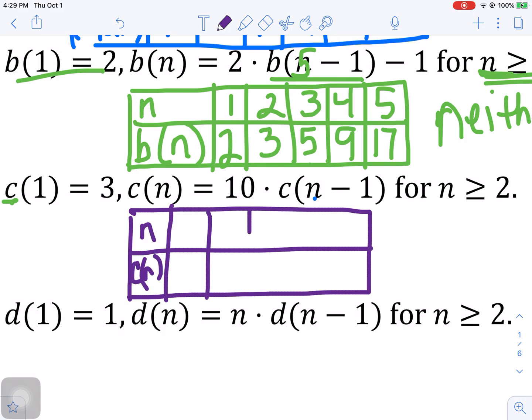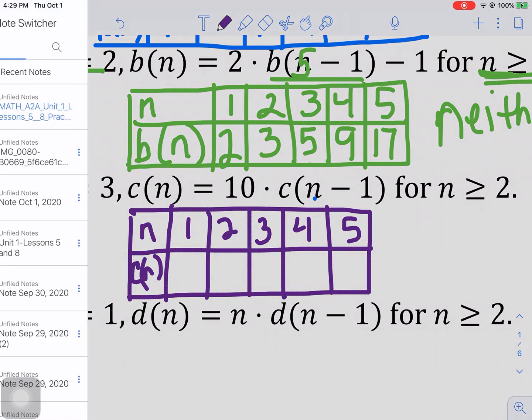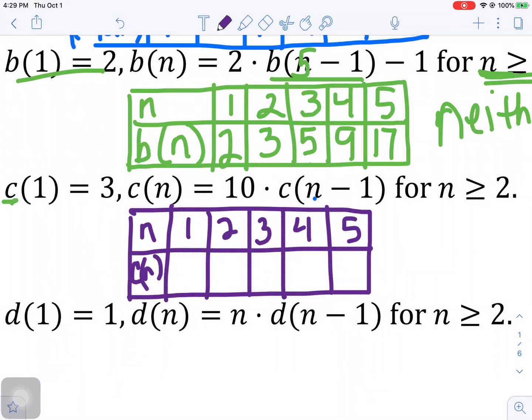So if n is 1, 2, 3, 4, and 5, then if n is 1, we are told that C of 1 is 3. So that's good, because we can't put a 1 in there.